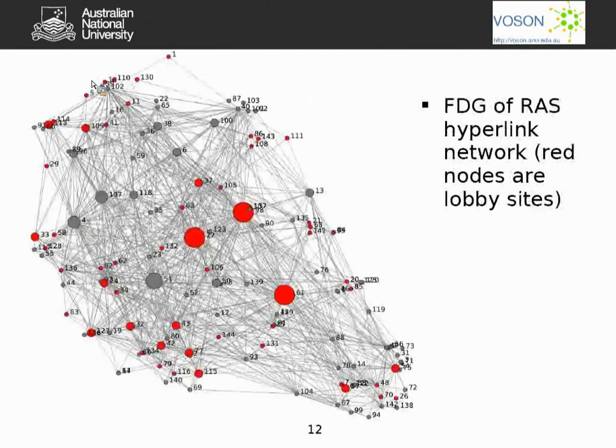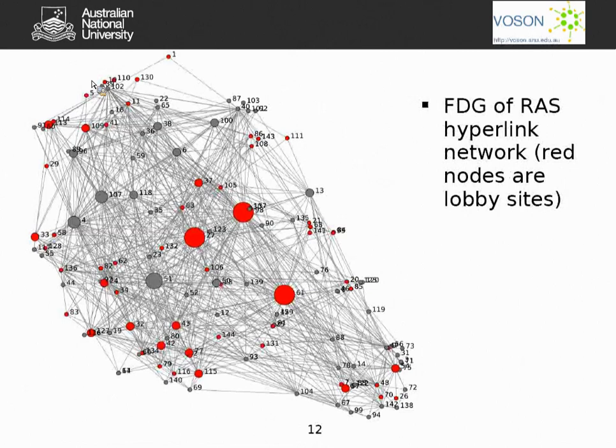And this is the force-directed graph of the hyperlink network. Again, node size is proportional to in degree. We've got these three big nodes here that are lobby sites, and a cluster down here which are research sites, but that's not really of relevance to the paper.